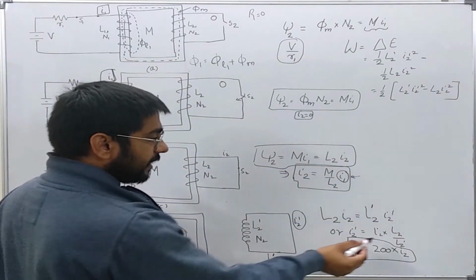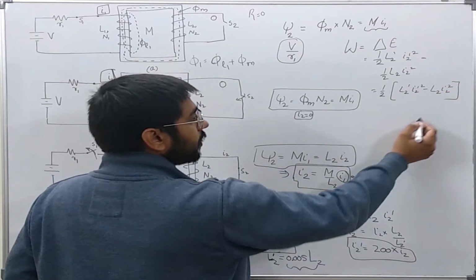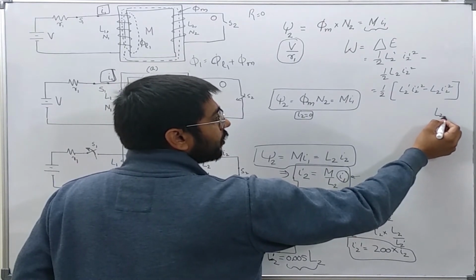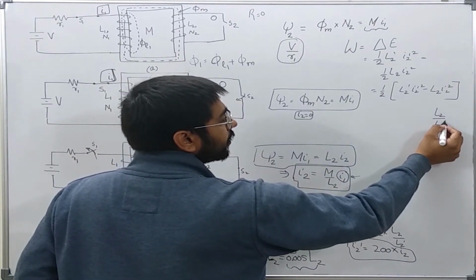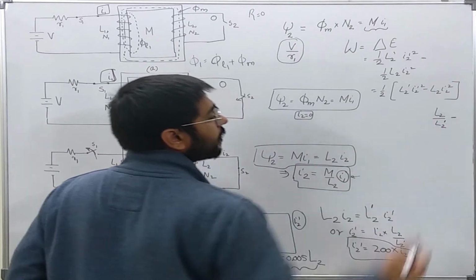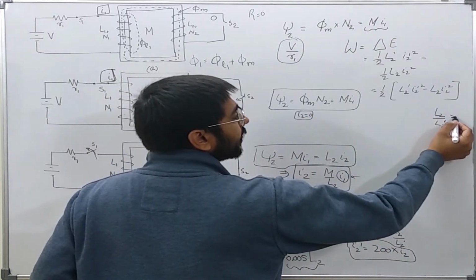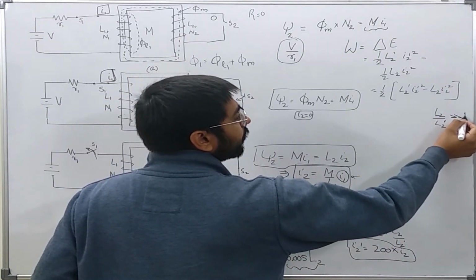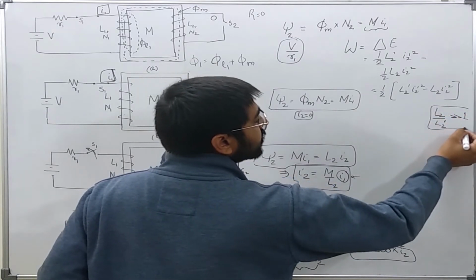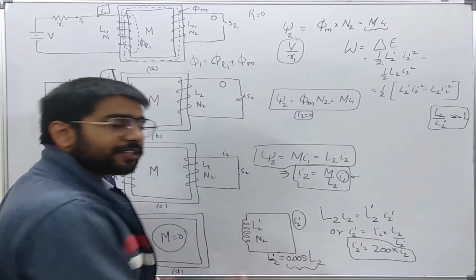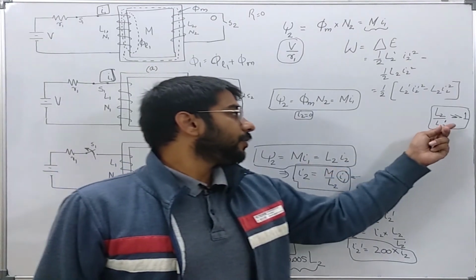Now using these values, now you know that L2 over L2 dash will be greater than 1 for our case, and for similar scenarios also this will be true.